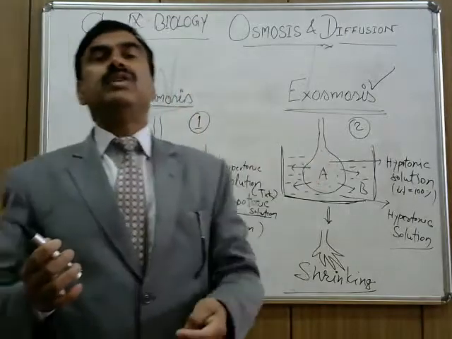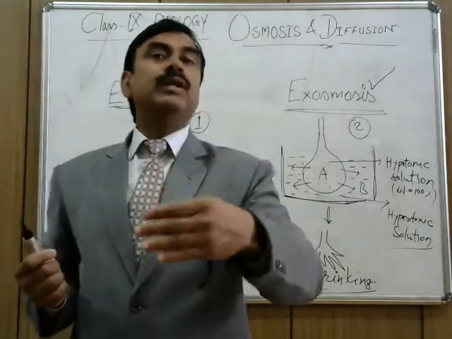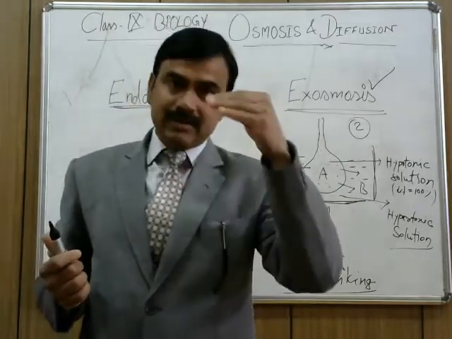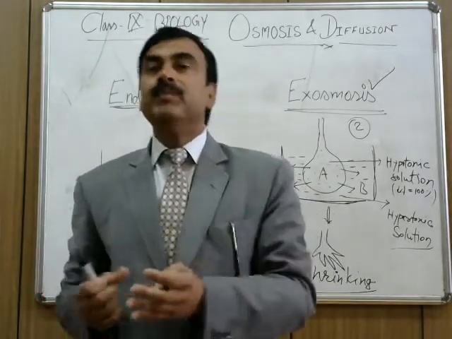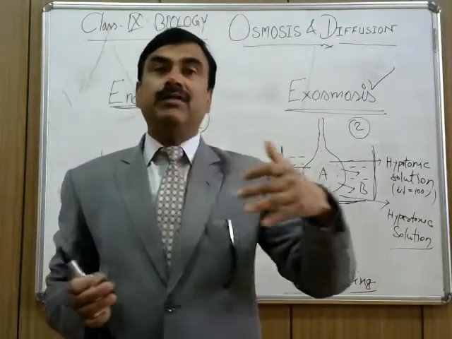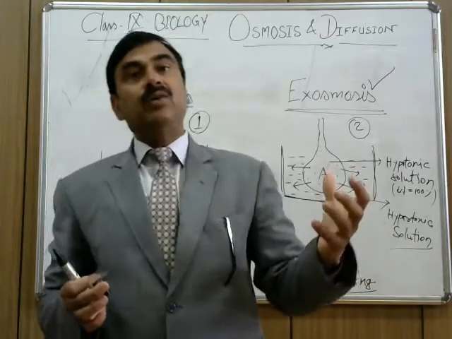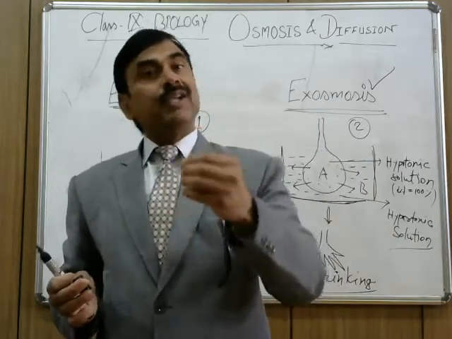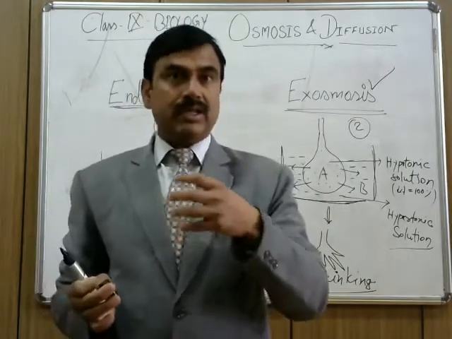But in the diffusion process, there is no requirement of the plasma membrane or semi-permeable membrane. So now I am sure that you got it very clearly. If any doubt would be there in your mind, you are free to ask any questions, right?